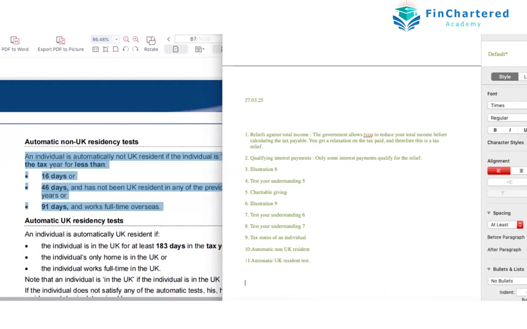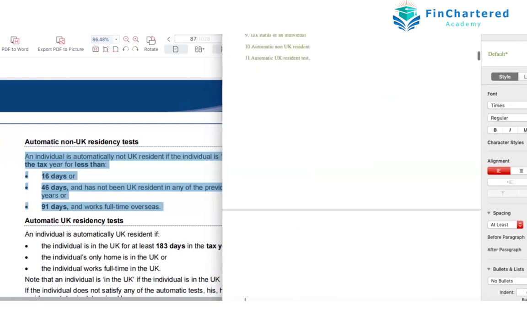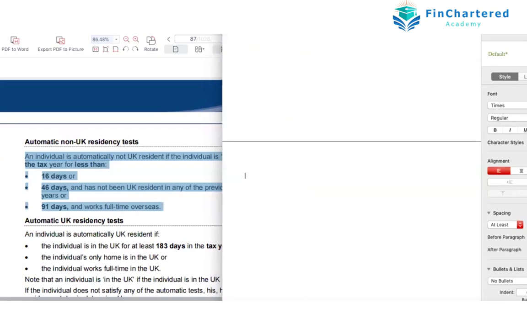For example, you have a full-time job in the UK, then obviously you will automatically become a UK resident. So automatic UK resident status you get if you work full-time in the UK.